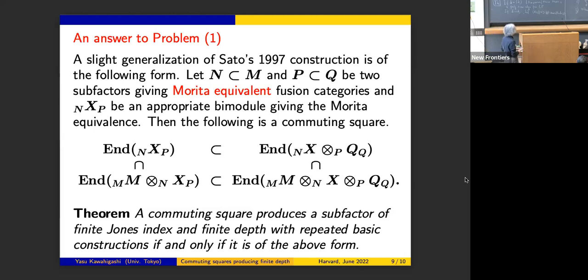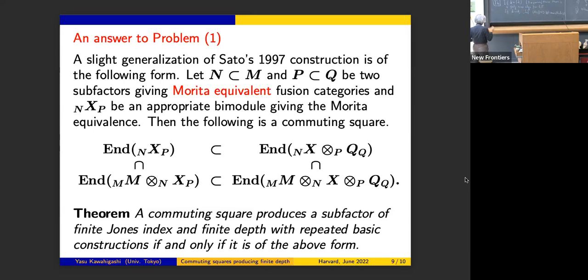This is easy to see, well known. Sato considered this type of commuting square in his old paper. Then it turned out that his construction is kind of generic or universal. Actually, with some slight generalization, essentially his construction covers all the commuting squares arising in our problem.